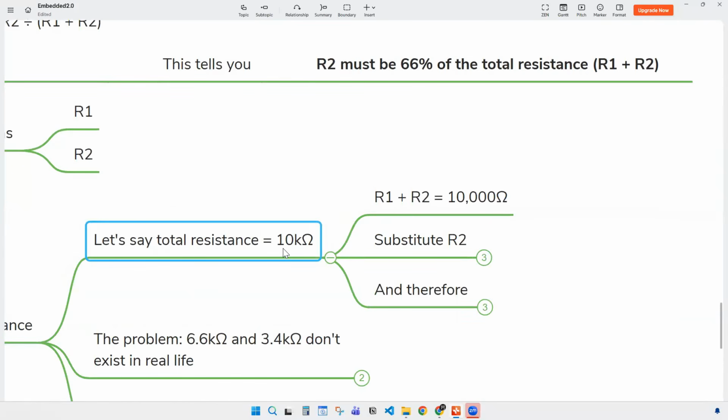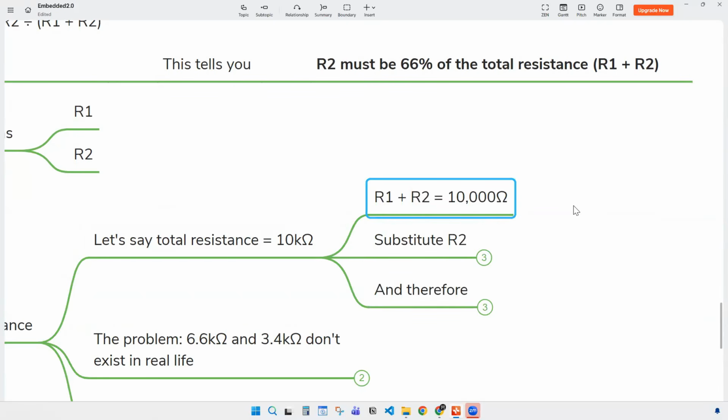Once you have taken a 10 kilo ohm resistor, what is the meaning here? The total resistance, because we have two unknown values R1 and R2, so R1 plus R2 is equal to 10 kilo ohm. For the K, we put 3 zeros, so 10 kilo ohm can be represented as 10,000 ohm.